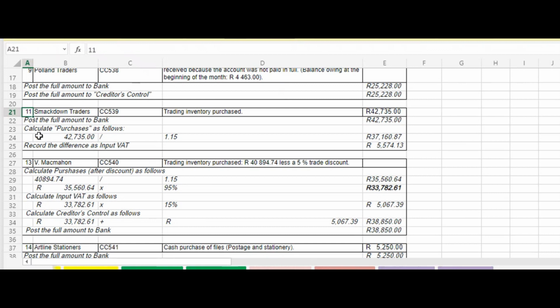This one pertains to smackdown traders. And we are purchasing trading inventory. So we are going to post the full amount to bank account. We are purchasing this on cash. We are going to calculate purchases by dividing with 1.15, getting to just over 37,000, and we are going to record the difference as the input VAT.